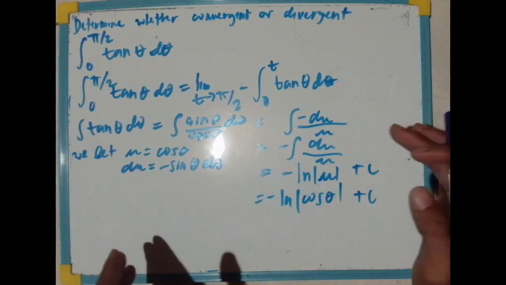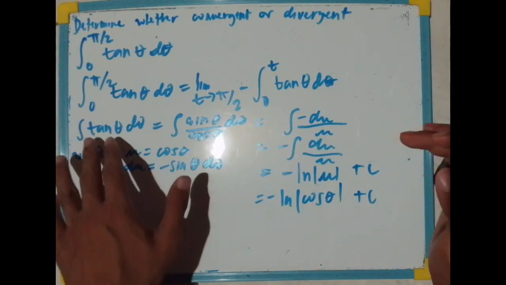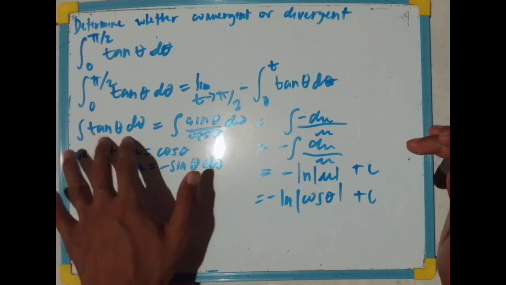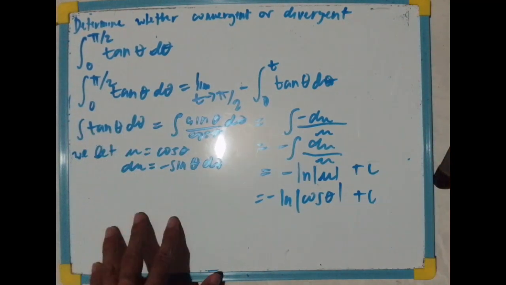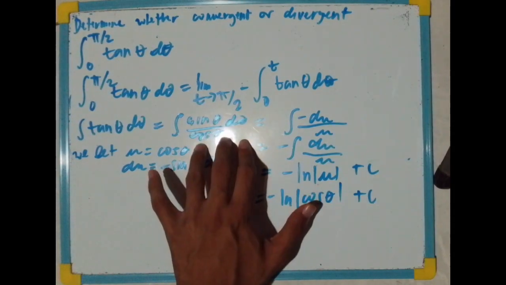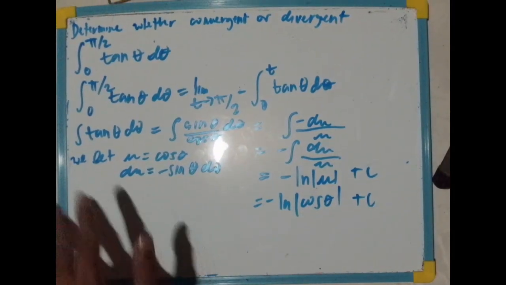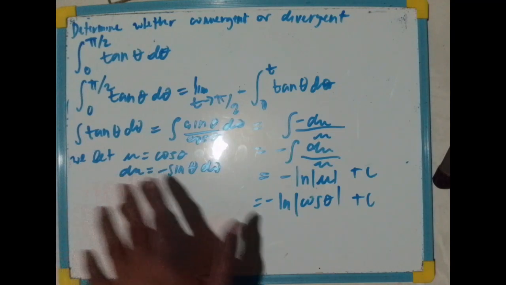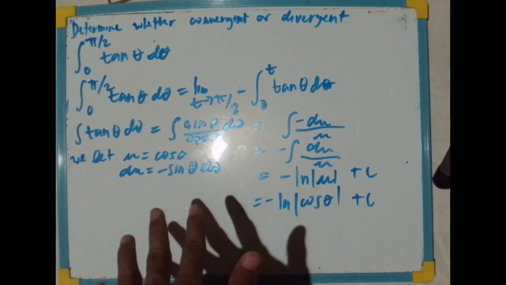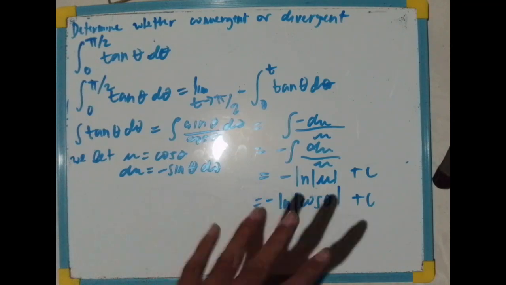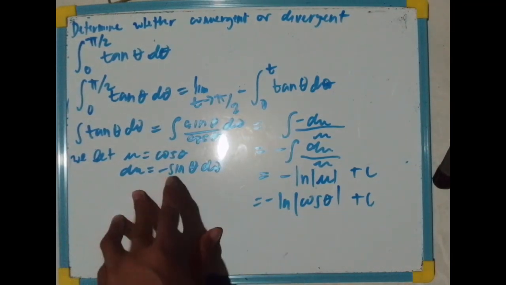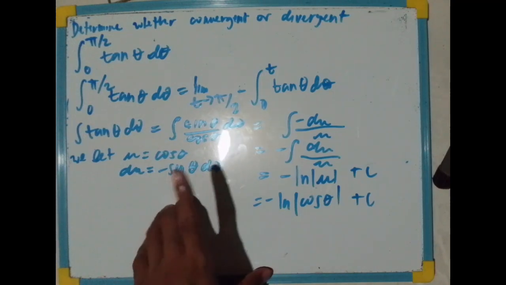It is because we cannot integrate this if it is in this form. So we can apply this process, and then we use u substitution. We let cosine theta be our u, and the derivative of cosine theta is negative sine theta with respect to theta.